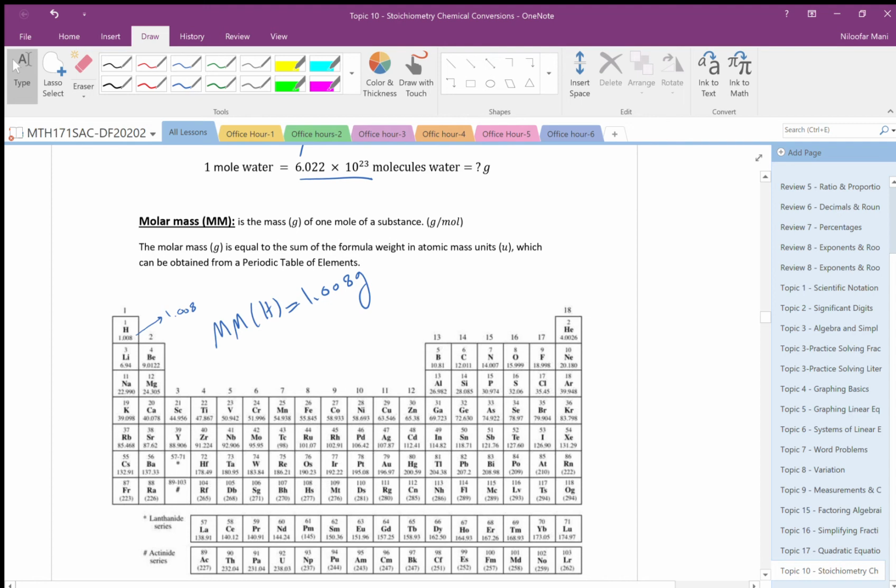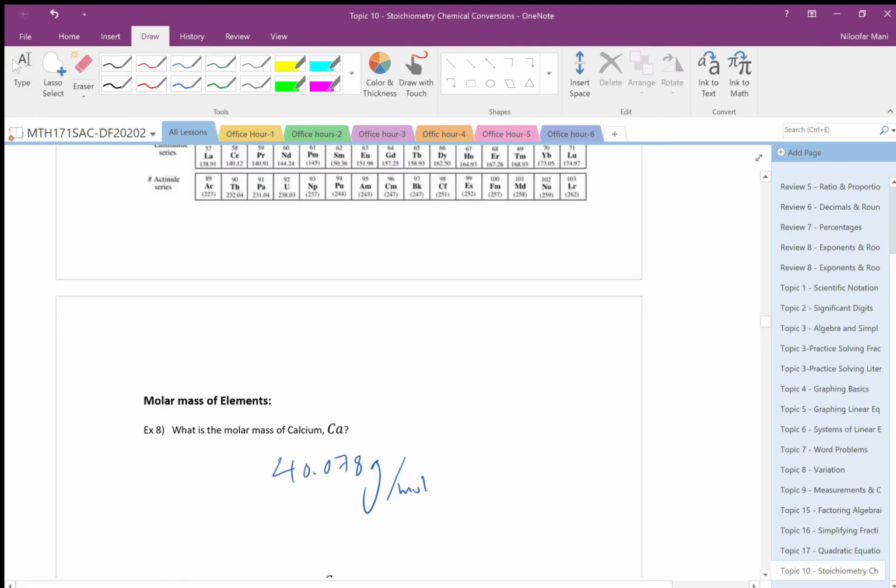The number you see there is the molar mass, so it means gram per mole, and gram per mole is that big number of atoms. So you can just keep this in your mind and use these things.